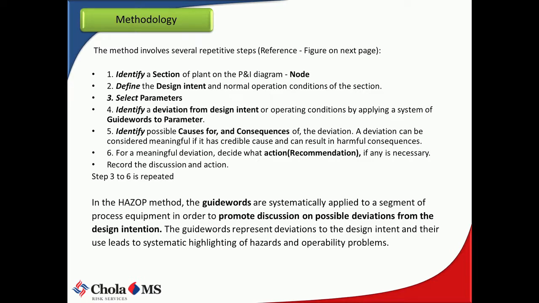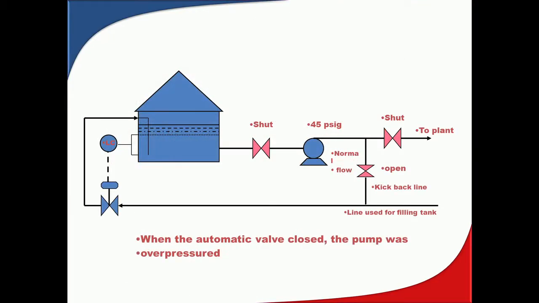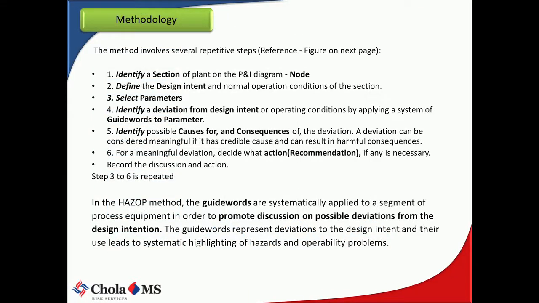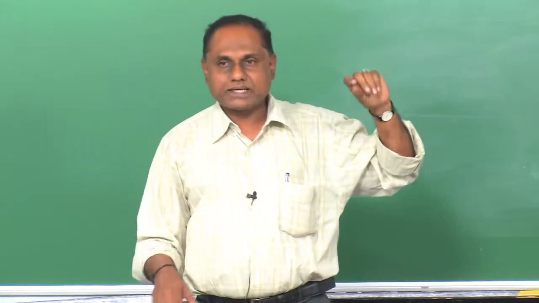So what's the methodology basically in a HAZOP? We have a process P&ID here. First, we identify a section of the plant on the P&ID.